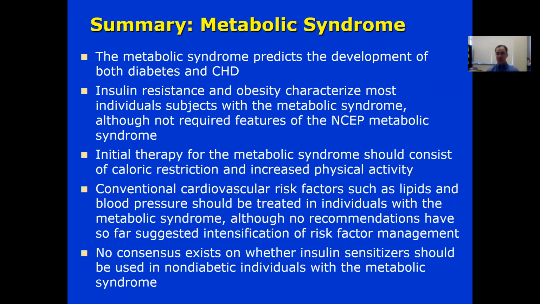Initial therapy should consist of proper diet and increased physical activity. Some conventional cardiovascular risk factors such as lipids and blood pressure should be treated in individuals with metabolic syndrome. And finally, there really is no consensus on whether insulin sensitizers should be used in non-diabetic individuals with metabolic syndrome, but at the very least, what is important is focusing on diet and exercise to help reduce the effects of the metabolic syndrome.